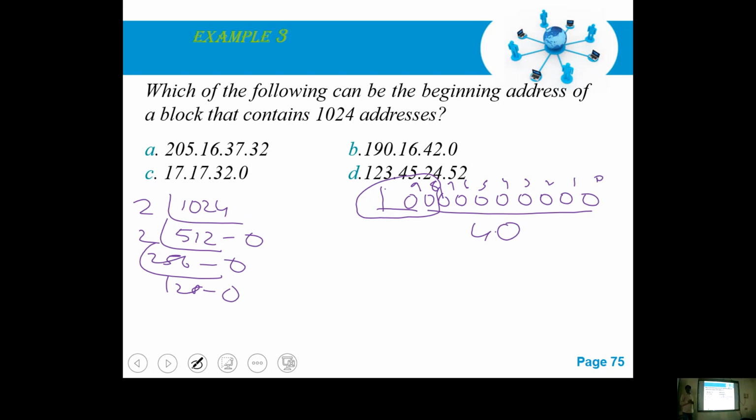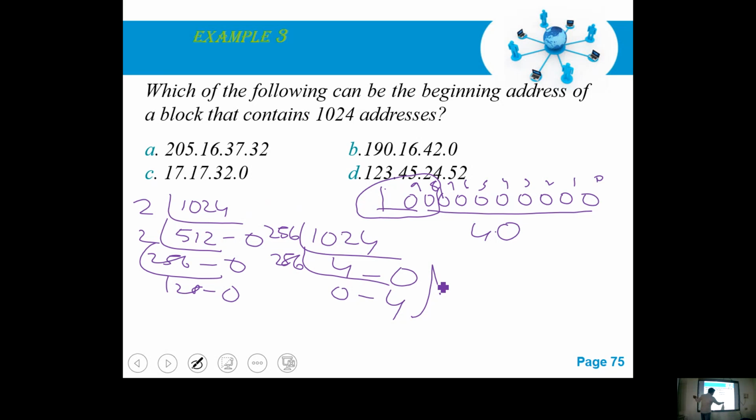But if I need radix 256, dotted decimal means radix 256. Okay? So 1024 we will divide by 256. 256 how many times? 4 times. What is the remainder? 0. Again 256, 0 times, remainder is 4. So I have 40.